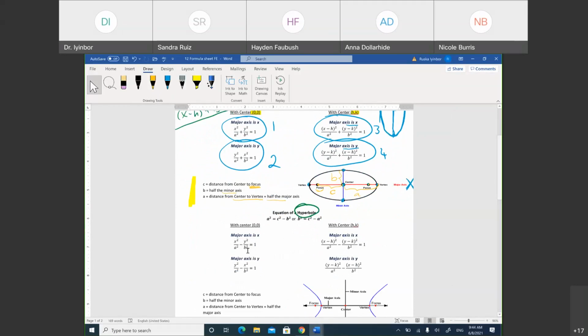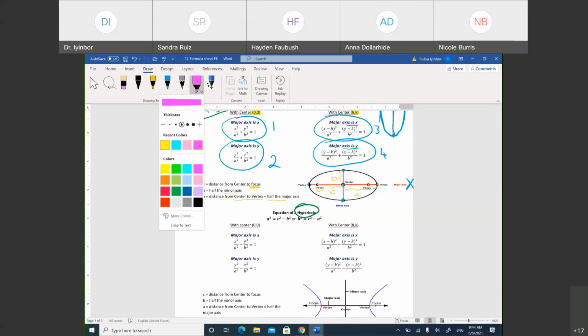If you change the little plus between the fractions to a minus, the graph changes, the shape changes, okay? So you see how important the minus and pluses are? If this sign is plus, it's an ellipse. If this sign is minus, it's a hyperbola, okay?